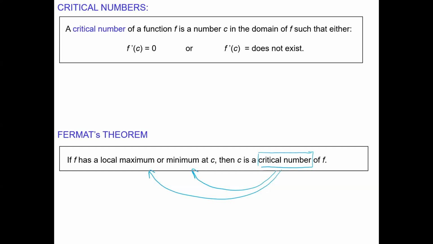We can do this based on the graph, not a problem. But we will always start with a critical number because that was the main characteristic for the locally highest or lowest point. The derivative was 0, horizontal tangent, or the derivative was undefined, cusps, kinks, and sharp corners.